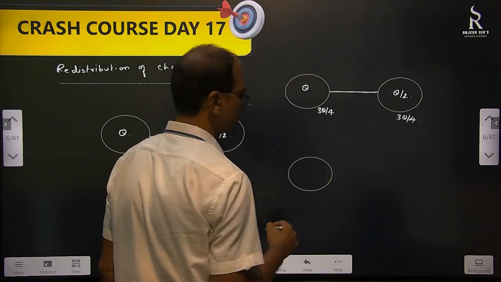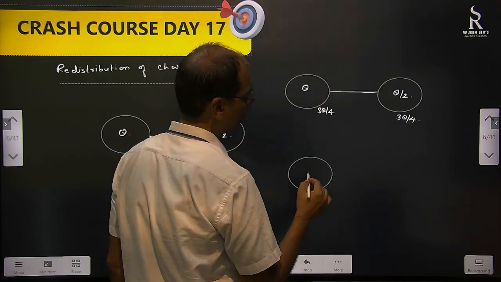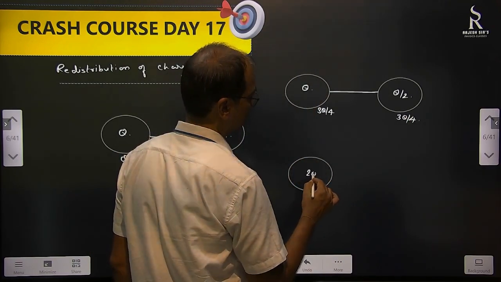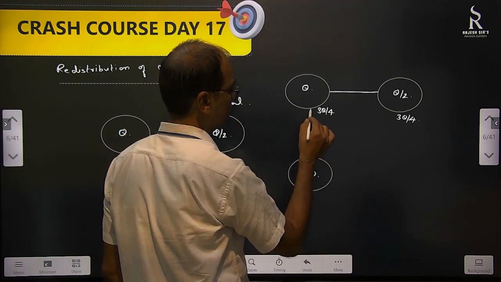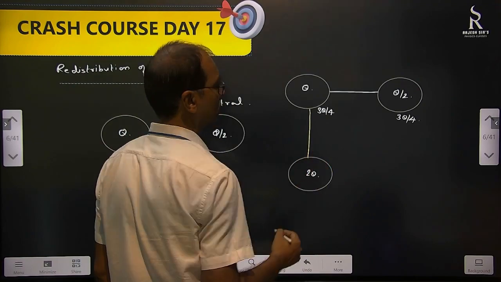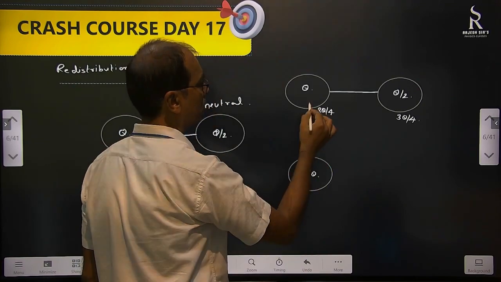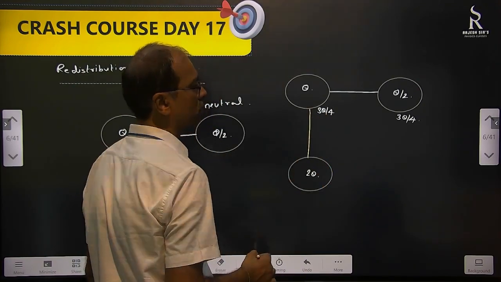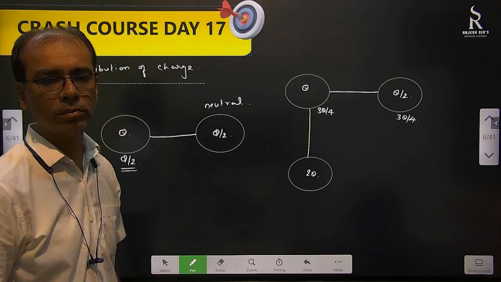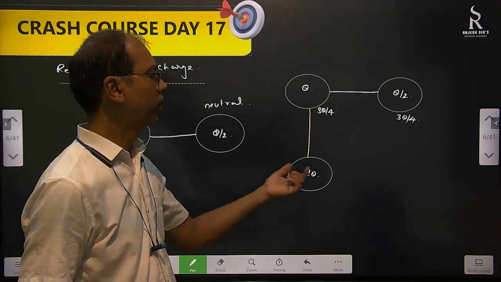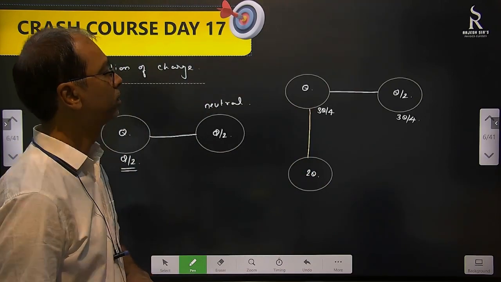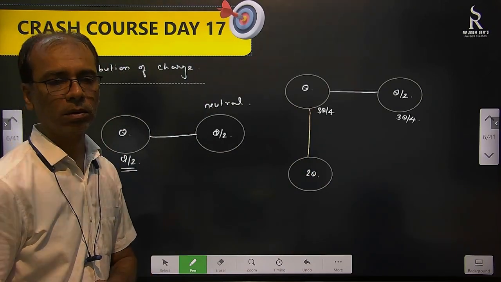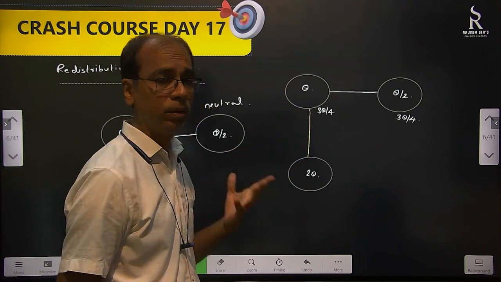Now suppose that this is also having some charge. Let's say this is also having 2q charge, and this we are connecting now with this one. Then on this one, how much charge is there? 3q by 4. On this one, what is there? 2q. So 3q by 4 plus 2q is how much? 11q by 4. So then they will have equal charge again.